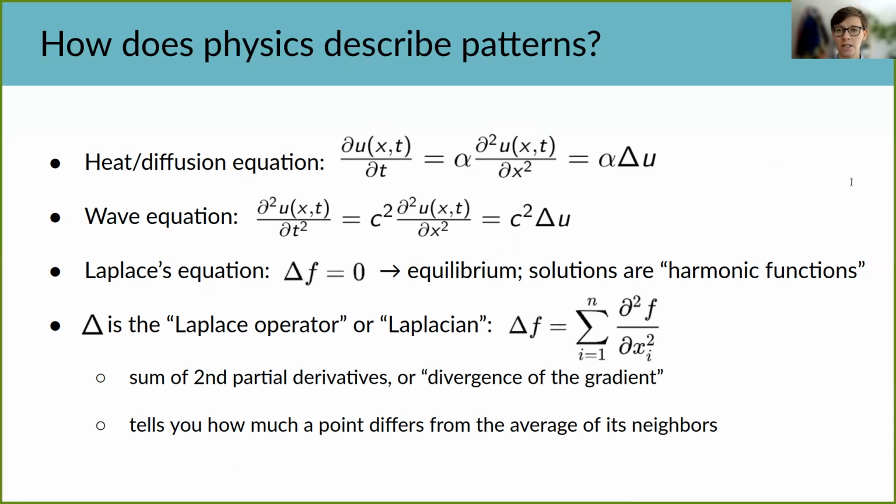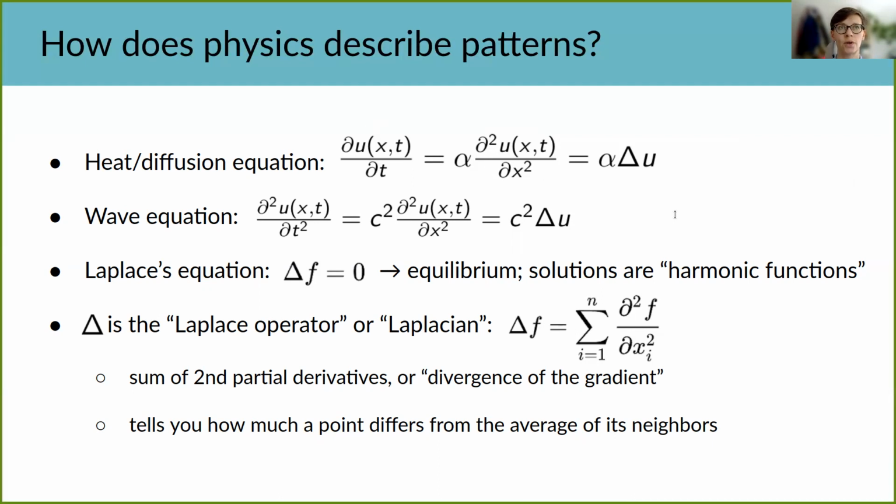This second derivative is also called the divergence of the gradient. And if that doesn't really tell you anything, maybe an intuitive interpretation is that this divergence of the gradient is a scalar value for each point, which tells you if this point is larger or smaller or equal to the average of its neighboring values. So if you look for an equilibrium, you are looking for a situation where each point is equal to the average of its neighbors.